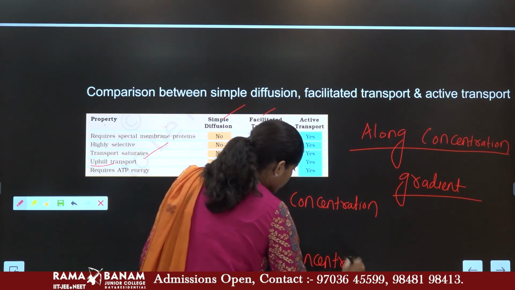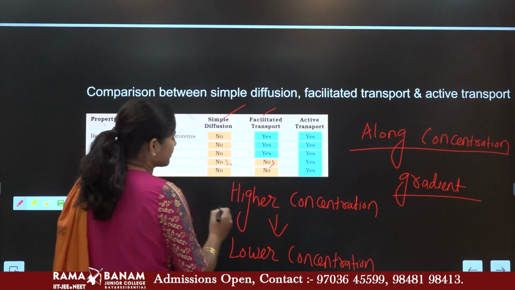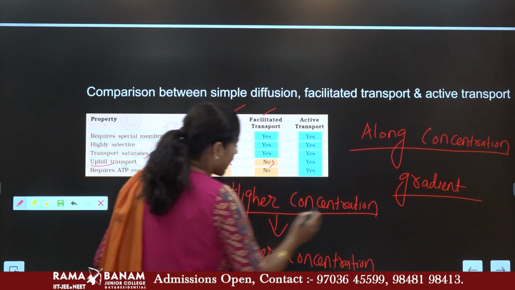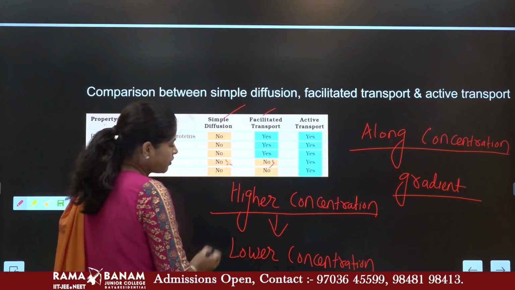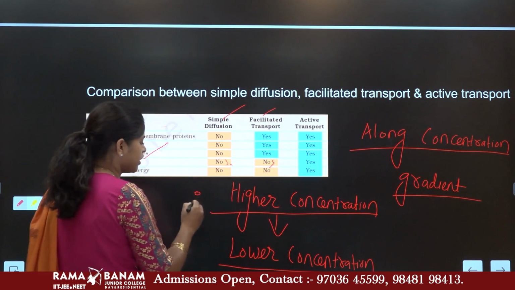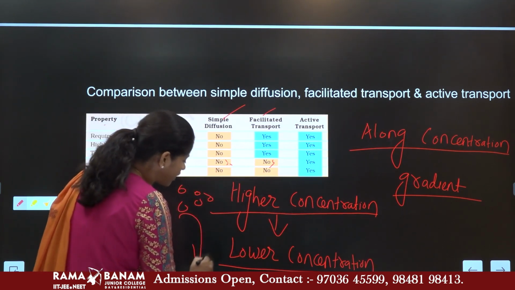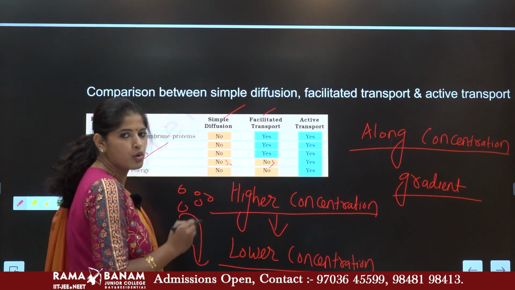If I am talking about along the concentration gradient, then I am saying that molecules are moving from higher concentration towards the lower. Where the molecules are high, from there the molecules are moving towards the lower concentration.